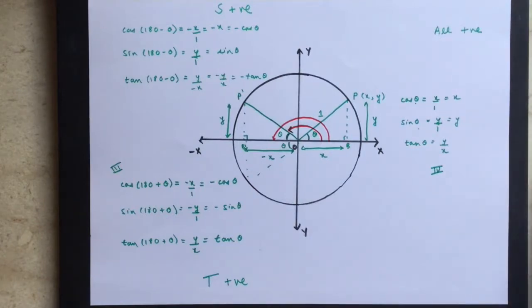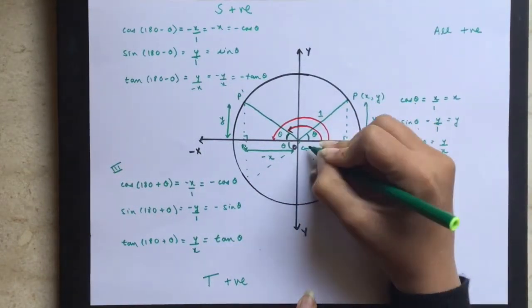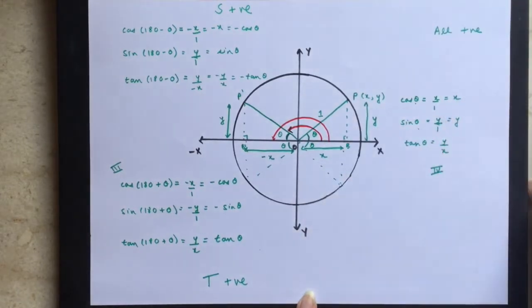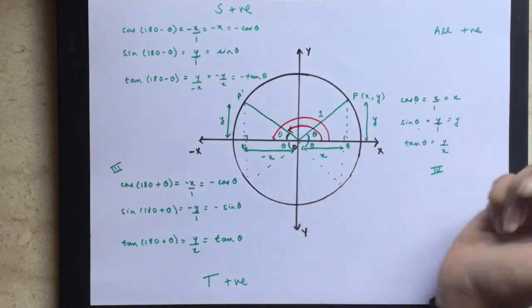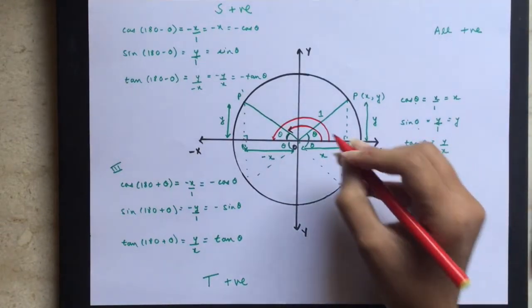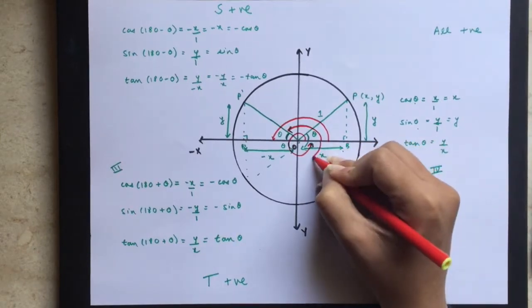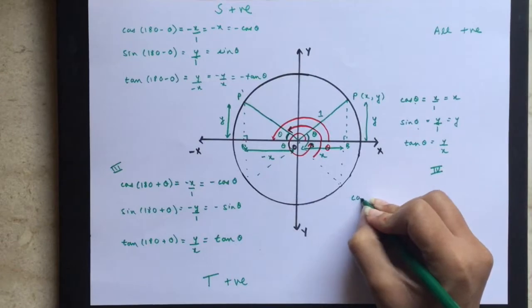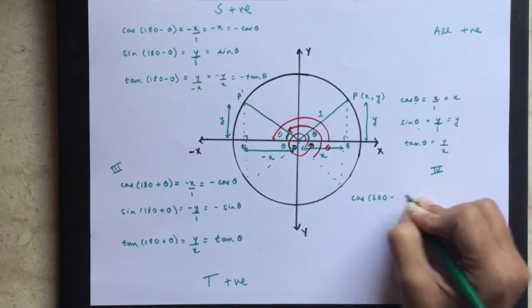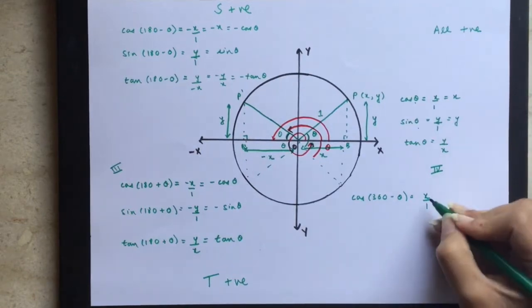Finally, if we draw a triangle with theta here again, now instead of complicating it and calling it 270 plus something, we're just going to call it 360 degrees minus theta. So cos of 360 minus theta is equal to x by 1. And why is it positive?